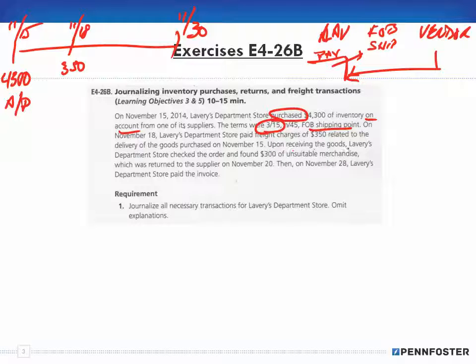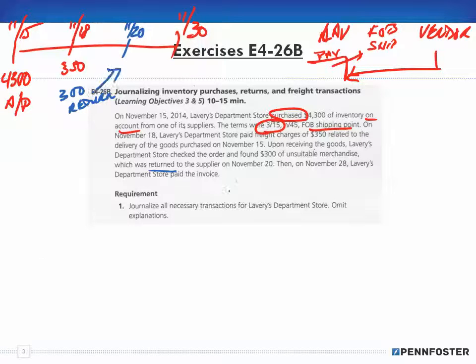Upon receiving the goods, Lavery's department store checked the order and found $300. Okay, so I have $300 for a return, right? No good, and found $300 of unsuitable merchandise, which was returned to the supplier on November 20th.